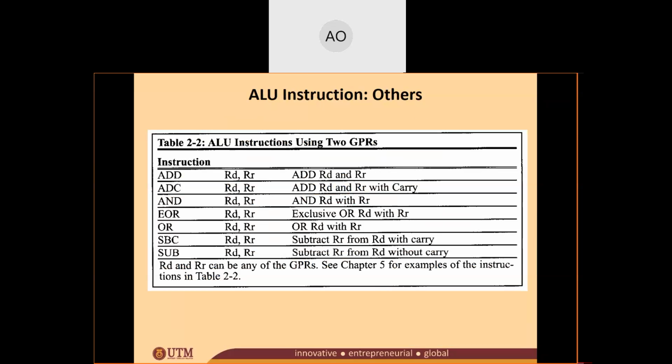There are many other ALU instructions available in the ATmega32 AVR, such as ADD, ADC, AND for the logical AND, EOR for the logical exclusive OR, and OR for the logical OR. SBC means you subtract the value with a carry, and SUB subtracts the value without a carry. This you will learn in the next chapter, with more detail.